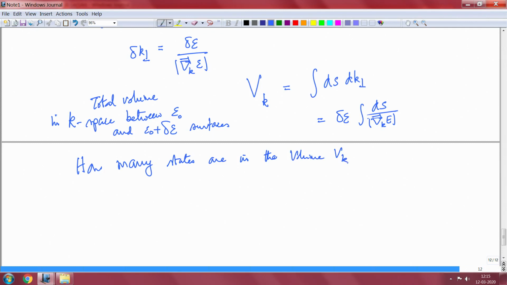So, to find this out, see, every allowed k, because crystals are finite, right. So, Nx is finite, Ny is finite, Nz is finite.